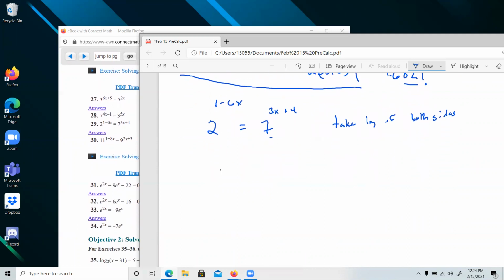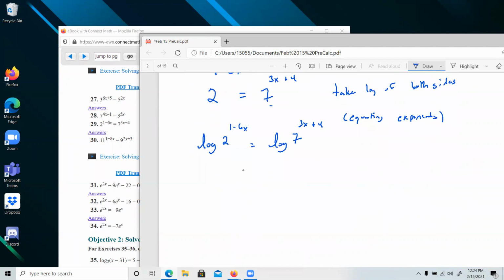So we have log of 2 to the 1 minus 6x is equal to log of 7 to the 3x plus 4. What we're doing here is we're really equating the exponents. Because remember, the answer to a logarithm is an exponent.